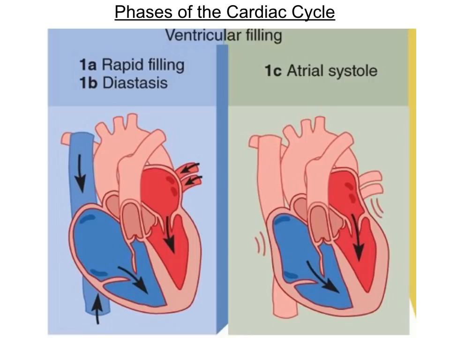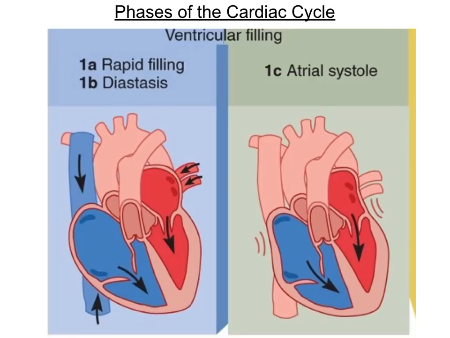Now, the entire ventricular filling phase is divided into three smaller phases. The first is called rapid ventricular filling. During rapid ventricular filling, blood moves from the atrium into the ventricle very quickly due to the large pressure difference that you have between the chambers.